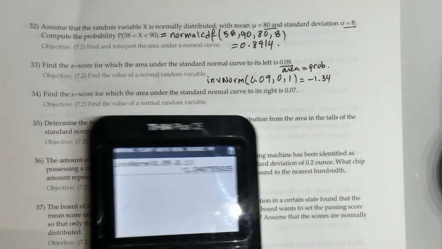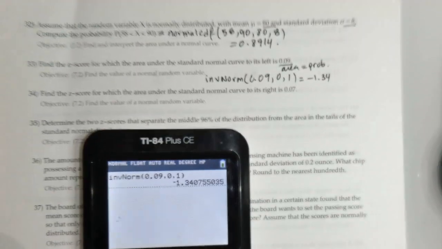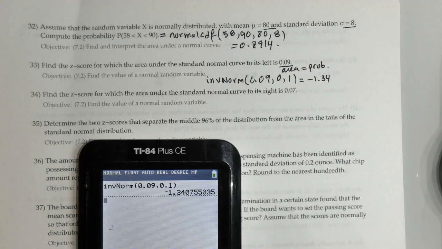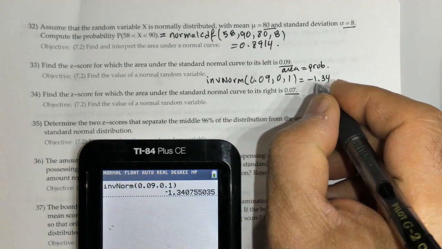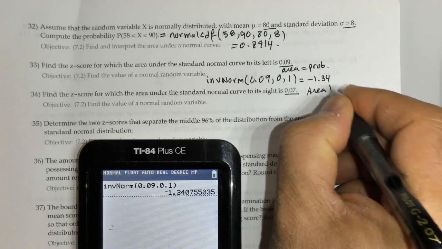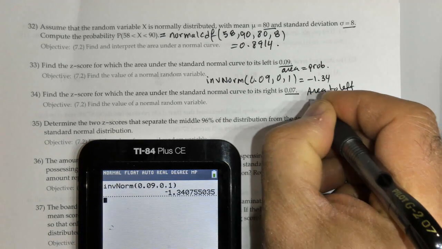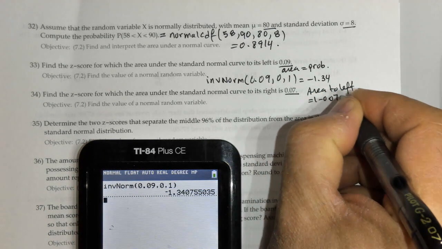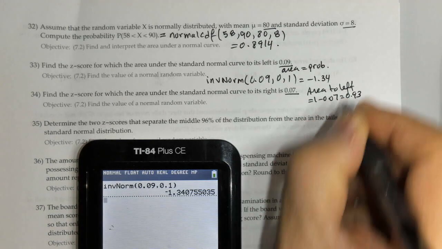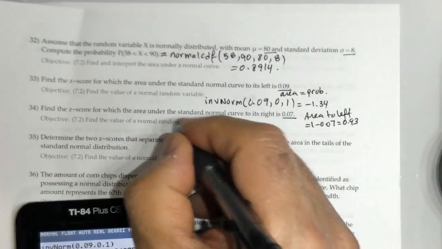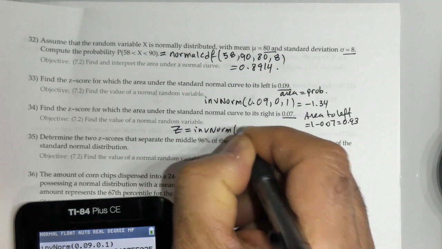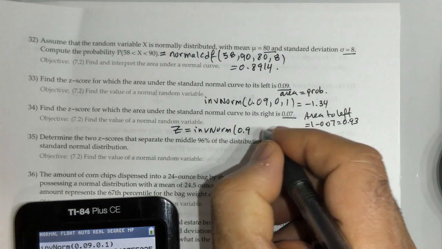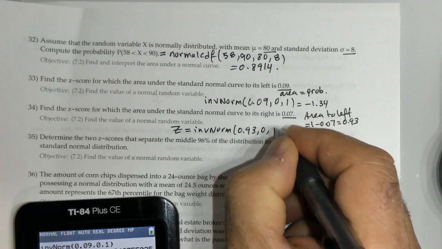34. Find the z-score for which the area under the standard normal curve to its right is 0.07. Well, if the area to the right is 0.07, what would be the area to the left? It would be 1 minus 0.07, which is 0.93. So to find z would be inverse norm 0.93, comma 0, comma 1.